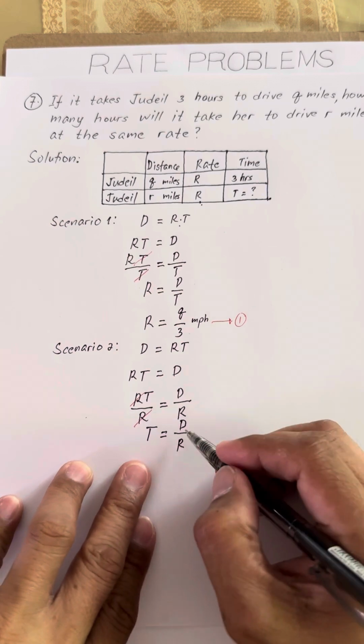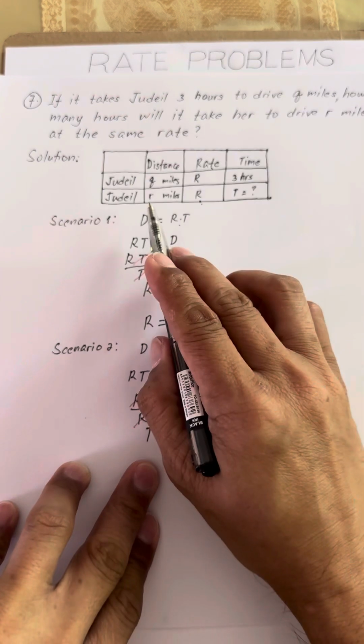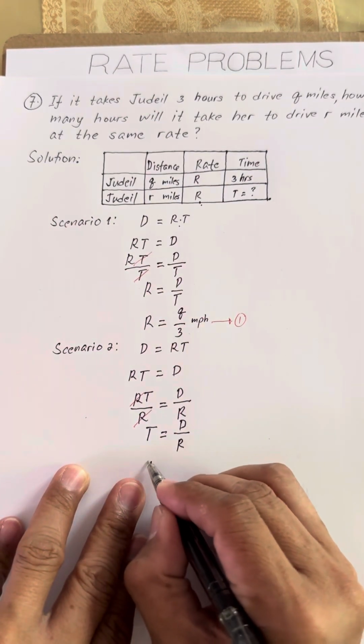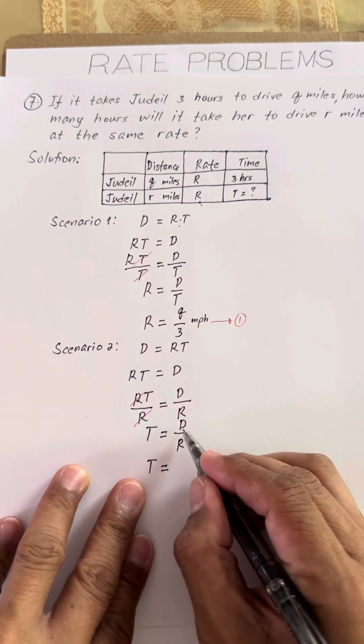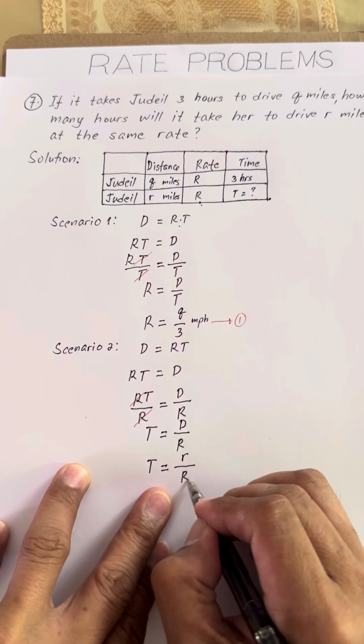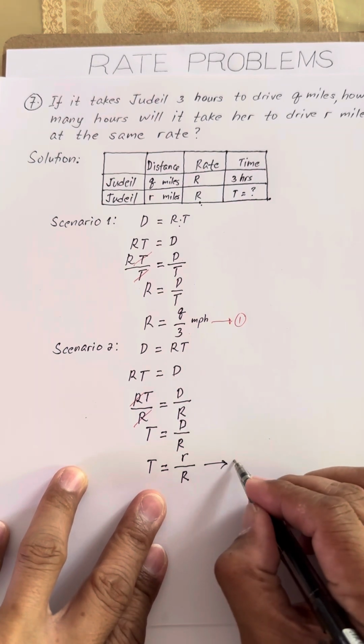Alright, so the distance here is given as R miles. In this scenario, our distance is R miles. So substituting, our D is R miles, R divided by R. So let's call this equation as equation 2.